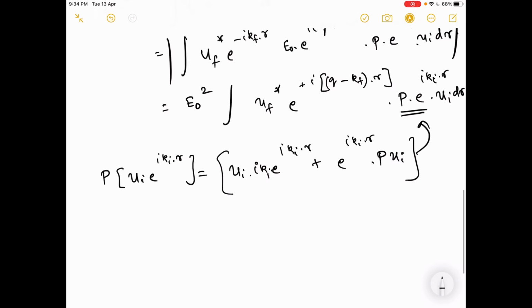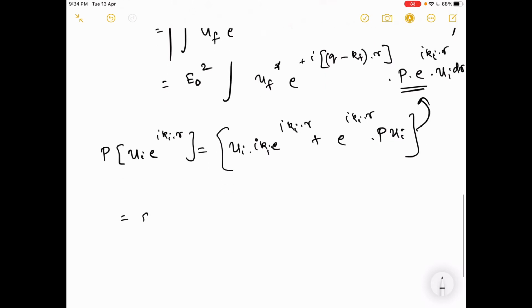I have to substitute this into this, which will give me E naught square integral over all space, minus infinity to plus infinity. I write one integral, basically it has to be three integrals, right? The full spatial integral dr is dx dy dz, but I'm just simplifying here.